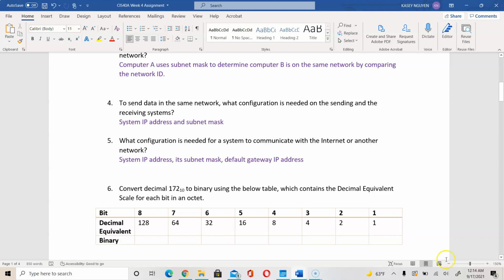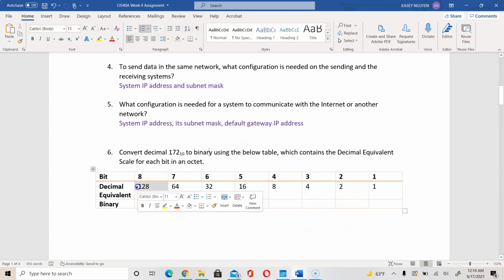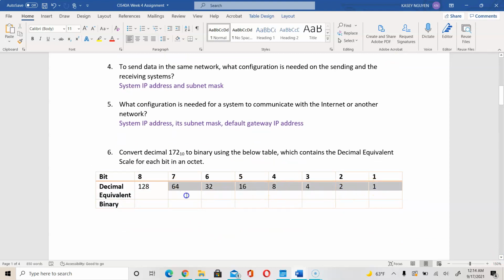Now to convert 172, which is a decimal value, into binary, we would use the following table. The scale is always going to be the same, starting from the right to left: 1 times 2 is 2, 2 times 2 is 4, 4 times 2 is 8, 8 times 2 is 16, 16 times 2 is 32, 32 times 2 is 64, and 128.